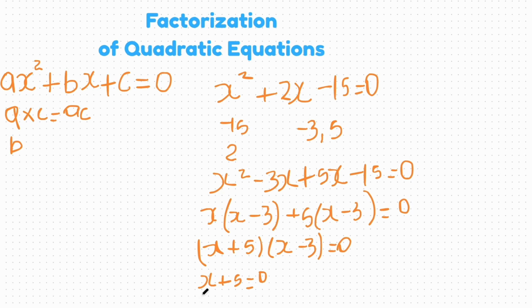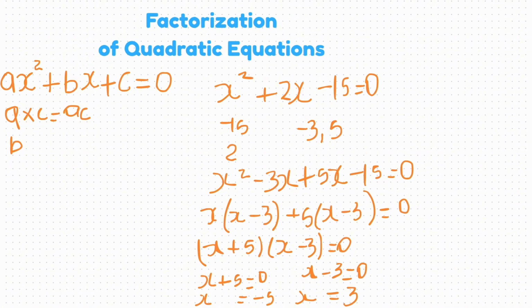When we transpose, x becomes what? X becomes negative 5. X minus 3 is equal to 0. We transpose that, so we bring over our 3. X becomes what? Positive 3.